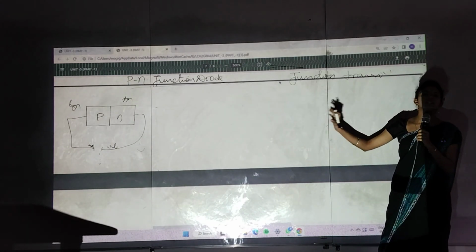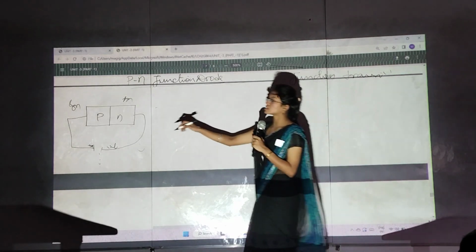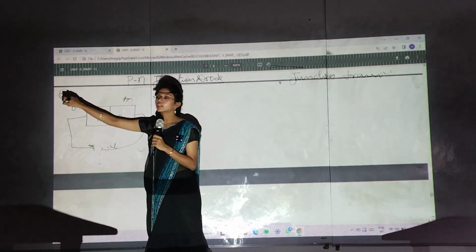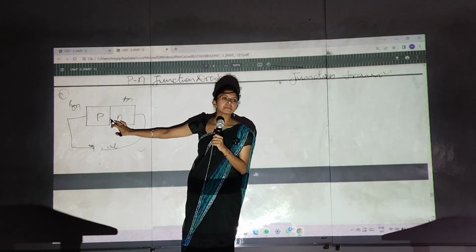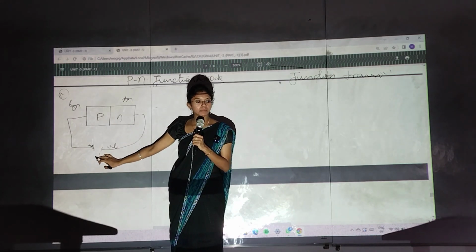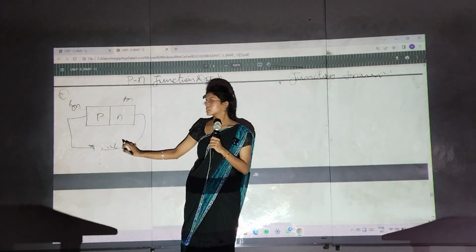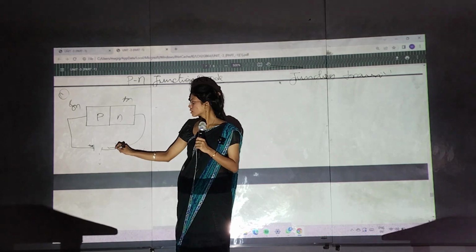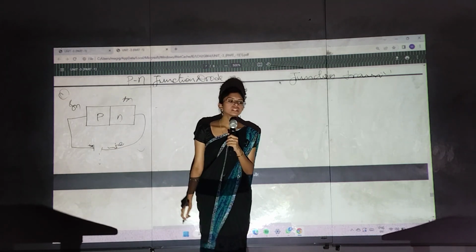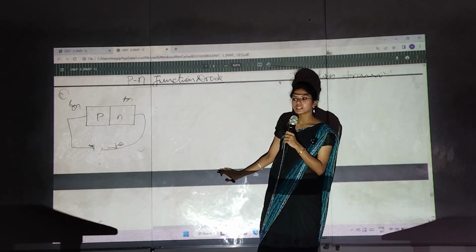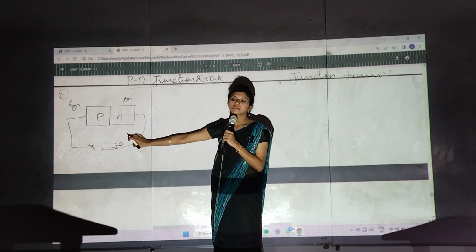So when I have a connection in this manner, imagine this is case 1. When my P-type is connected to the positive terminal and N-type is connected to the negative terminal, what happens?